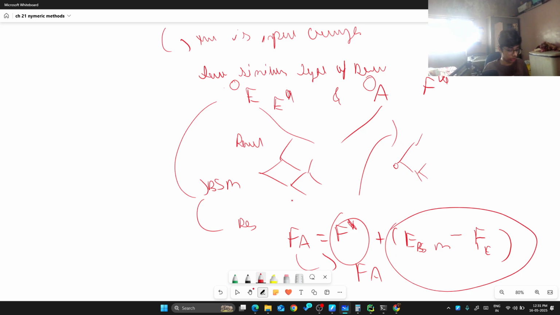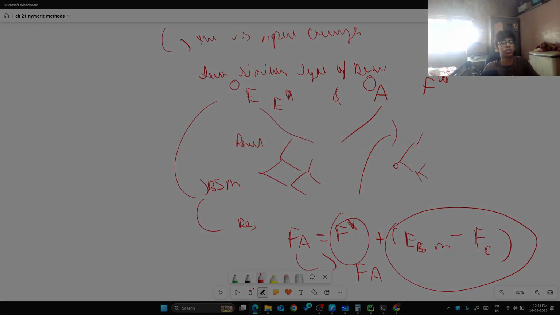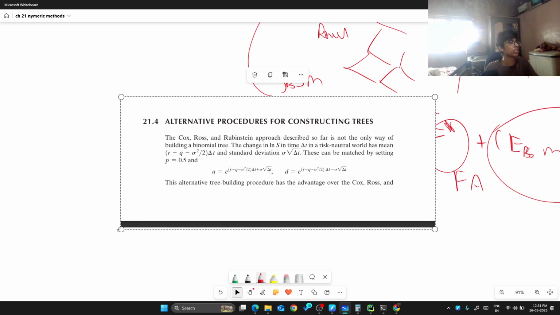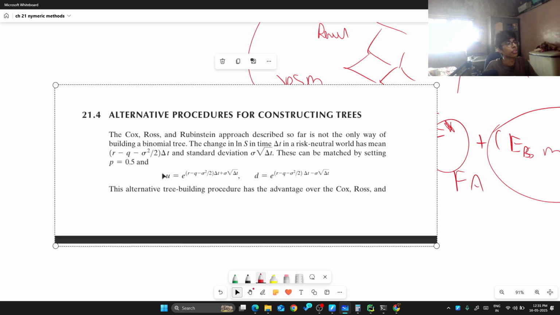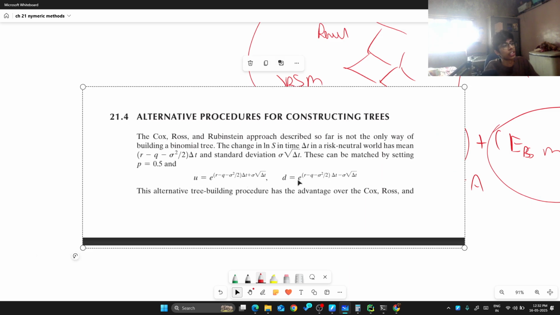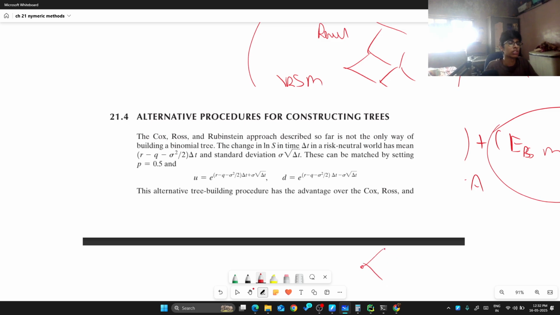And let's see an alternative procedure for creating a binomial tree. One procedure is where you set u equal to this formula and d equal to this formula, and the probability will always be 0.5, and it will help us build an equal-probability binomial tree.